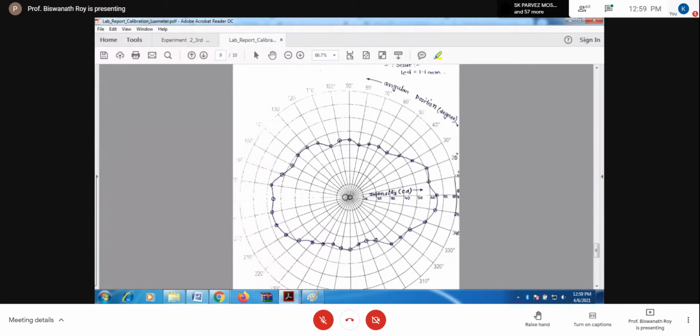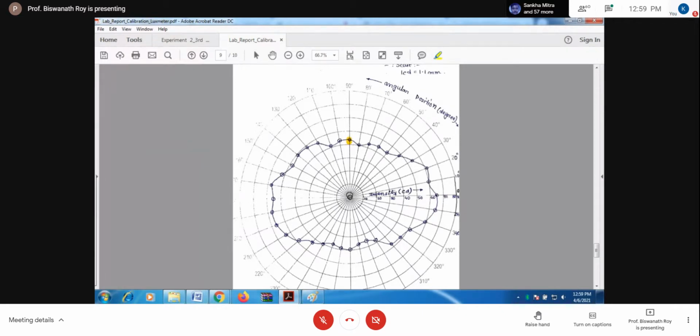And the lamp is situated at the center of the polar diagram. So the radial distance is taken as proportional to the intensity. The more intensity value means more radial distance is to be taken. I repeat, radial distance is proportional to the intensity. Here you see for 0, the intensity is higher compared to 90 degree.